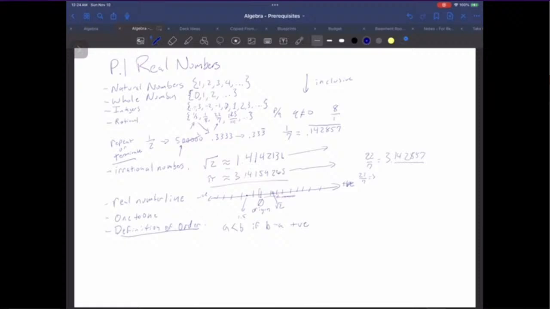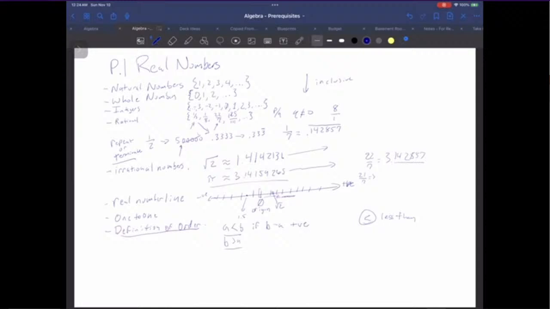This order is denoted by the inequality A less than B. That's how you pronounce this symbol. That's less than. This can also be described by saying that B is greater than A and writing B greater than A. That's the same statement.